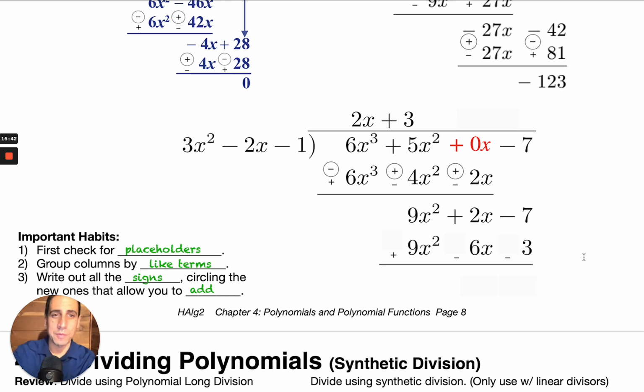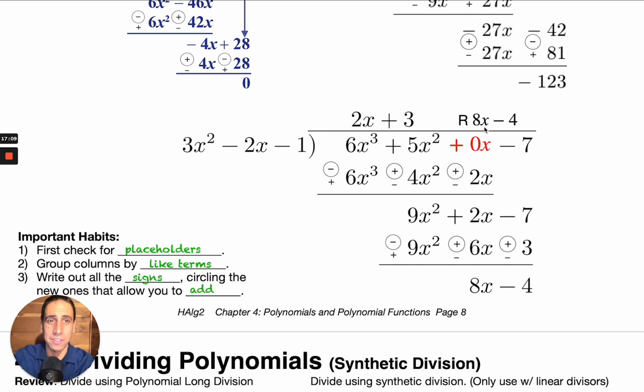In order to do that, we change all 3 signs, and the 9x squared and the negative 9x squared cancel out by design. That's what we chose. We got the 2x, and then the plus 6x gives you 8x, and the minus 7 and the plus 3 give you minus 4, which is going to be the remainder. Notice there's nothing left to bring down, and we've already found the constant term. So it's going to be a remainder of 8x minus 4.